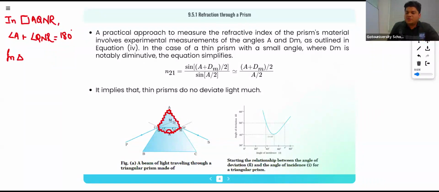In triangle QNR, this is your QNR. The sum of R1 plus R2 plus angle N will be equal to 180 degree. So R1 plus R2 plus angle QNR is equal to 180 degree.